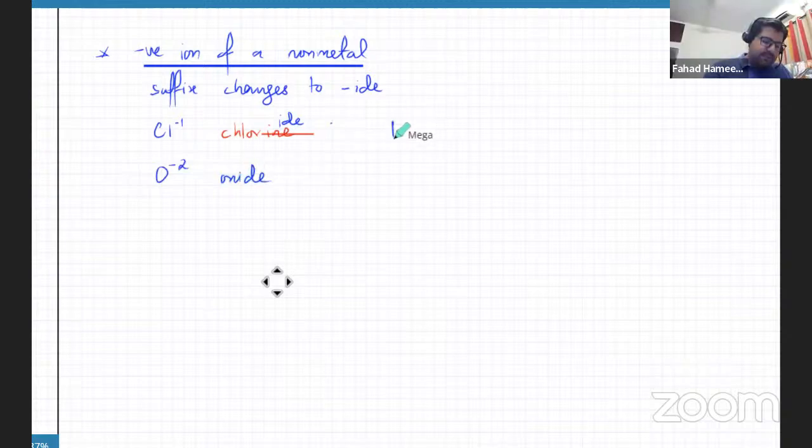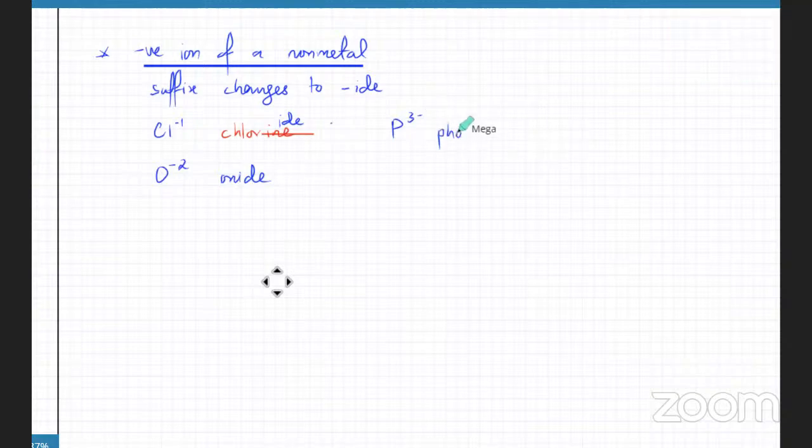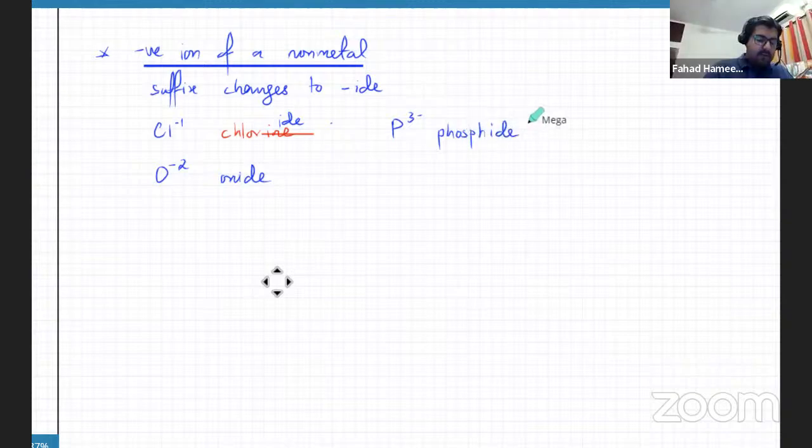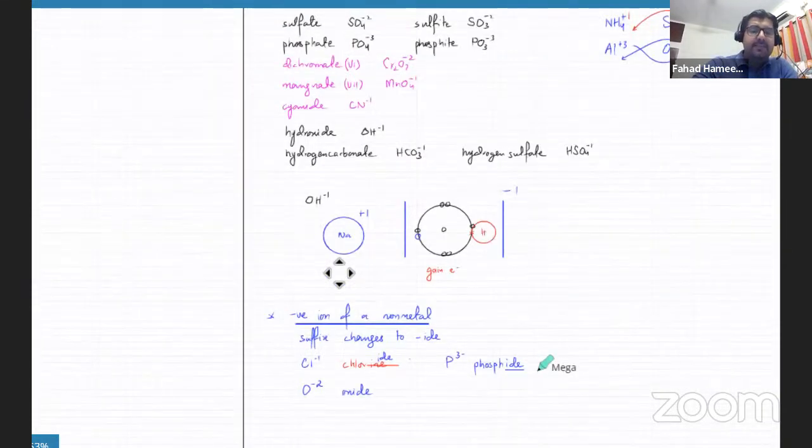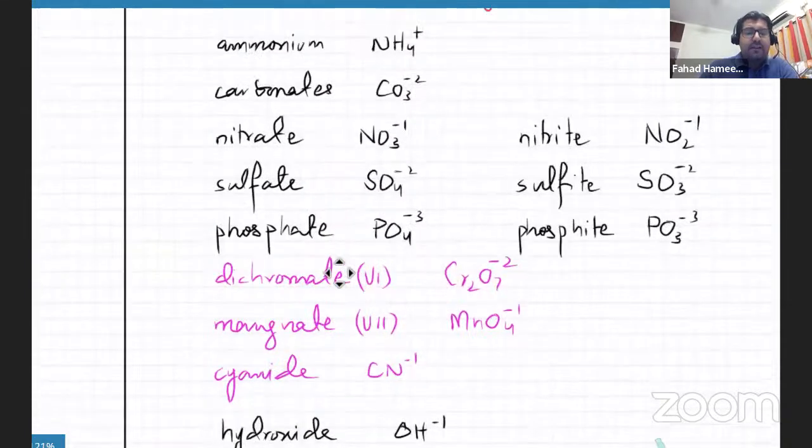Phosphorus has a charge of P3-, it's in group 5. What would you call this? Phosphide. The IDE. Remember, an IDE is only for the element. Phosphate, ATE, is something else. When you've got oxygen with it, it's going to be ATE. If you've got fewer oxygens, it's going to be ITE.